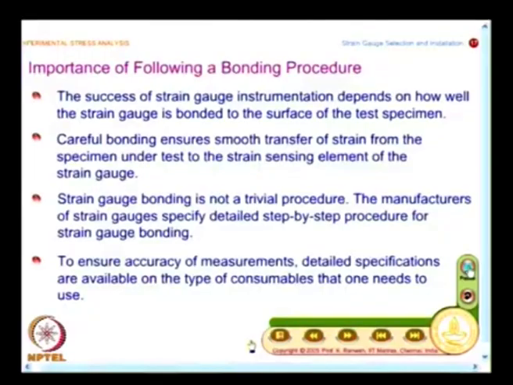As I have mentioned, in strain gauge technology we are measuring very small quantities. Every small action that you are supposed to do has an influence on the final performance of the strain gauge system, and that is the reason why this is titled the importance of following a bonding procedure.